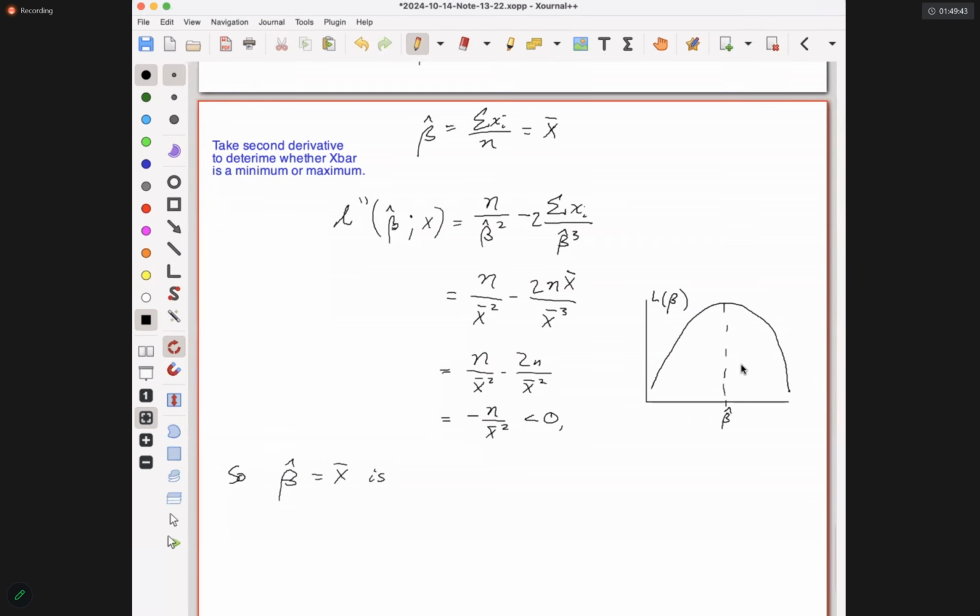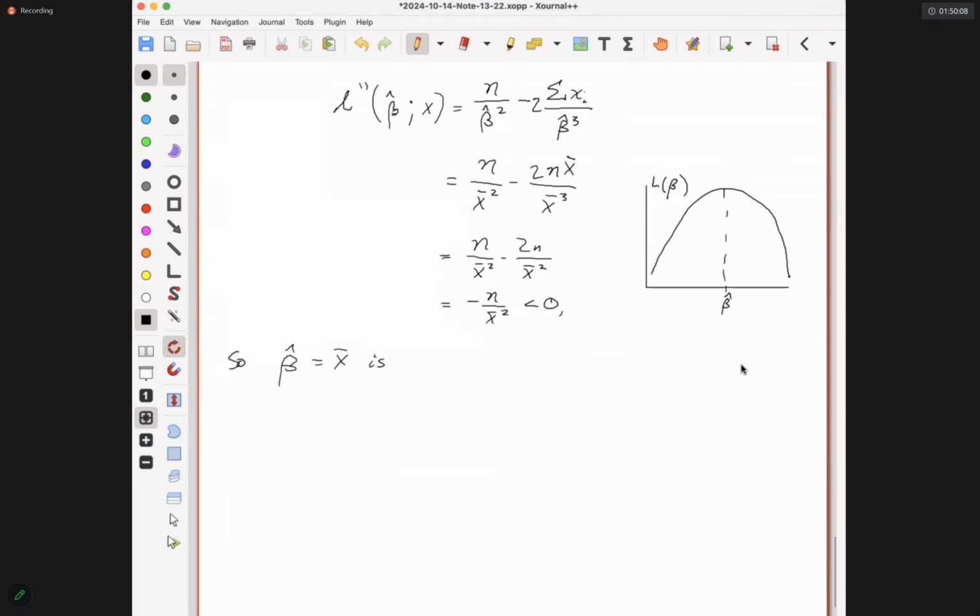And our bounds for the possibilities of beta are everything greater than 0. So we don't have any endpoint to check. So that means that this local maximum that we found has to be the global maximum for this variable, because it has a derivative of 0, and the second derivative is negative.